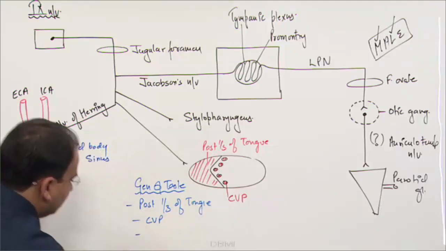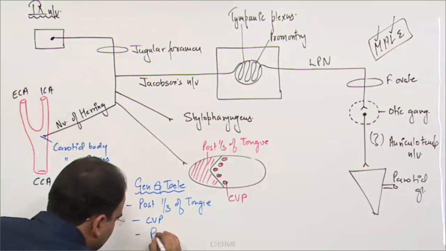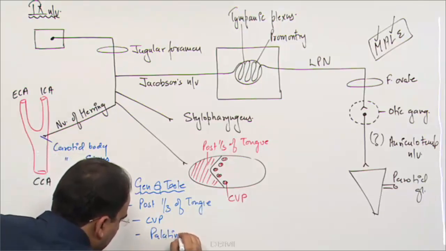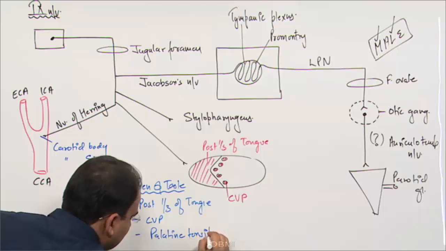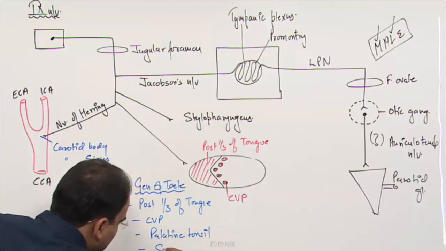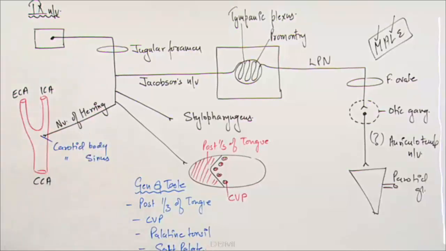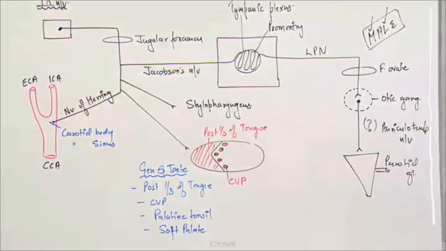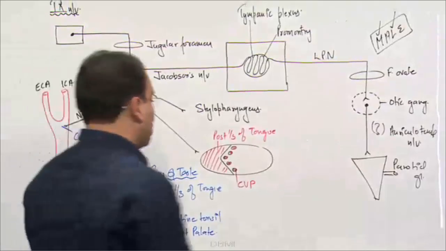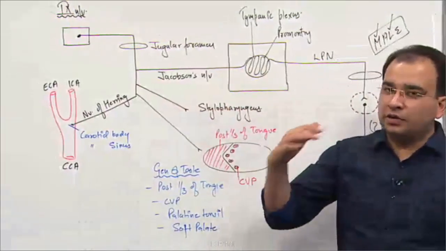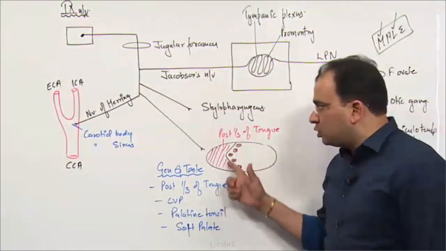circumvallate papillae, palatine tonsil, and soft palate. Although the majority of the taste buds present in the soft palate do not go through the glossopharyngeal nerve.